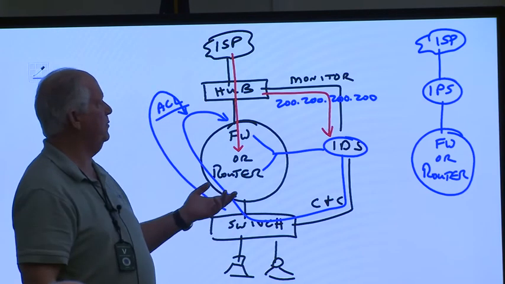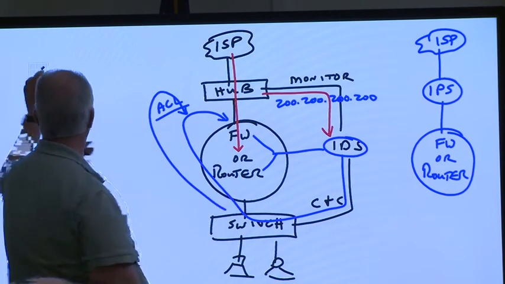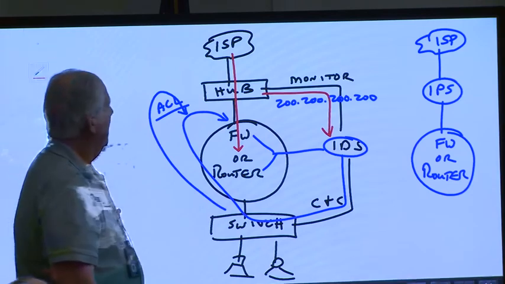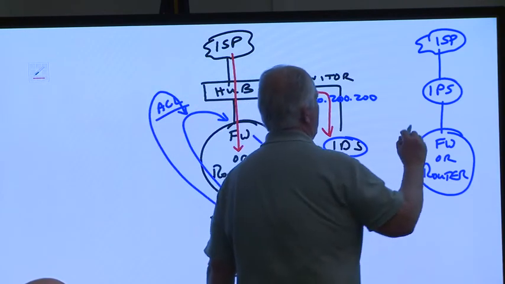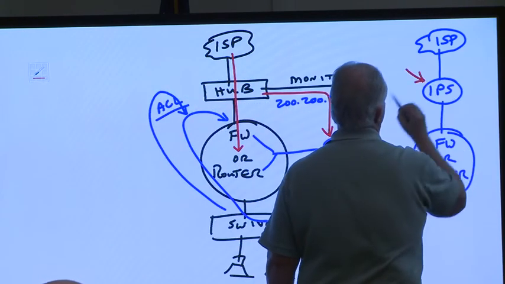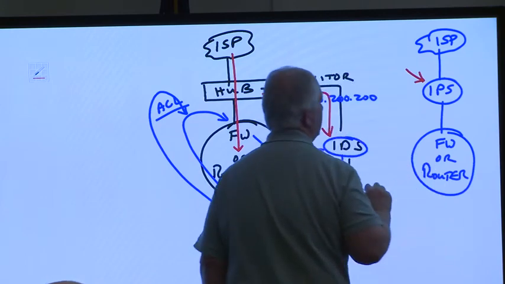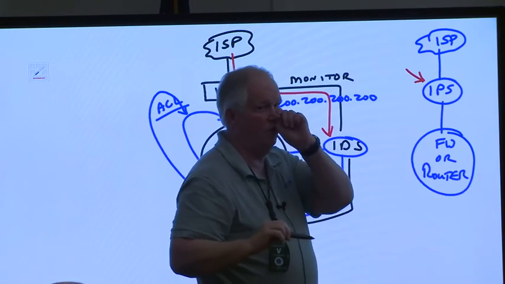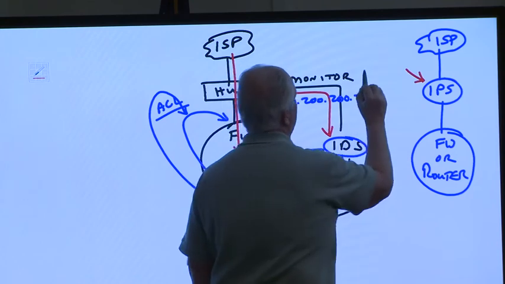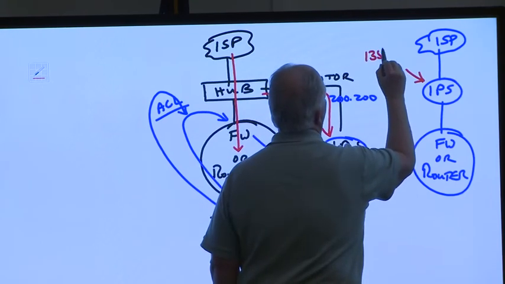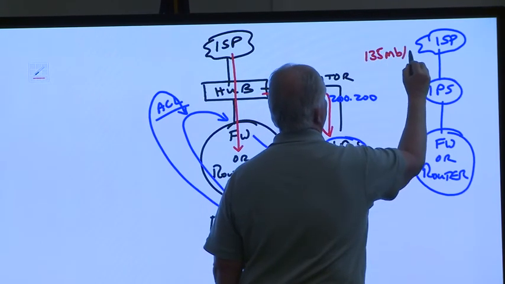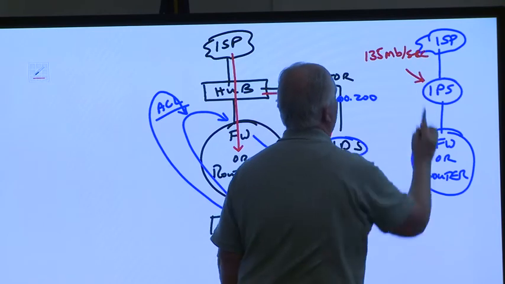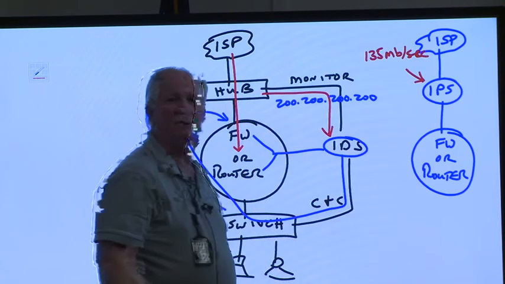Now here's the problem that we run into with an IPS right up here. What sort of throughput do you want for this device right here? The very first one Cisco came out with ran at 135 megabits per second. Is that good enough for you?